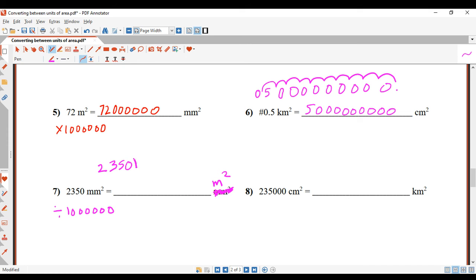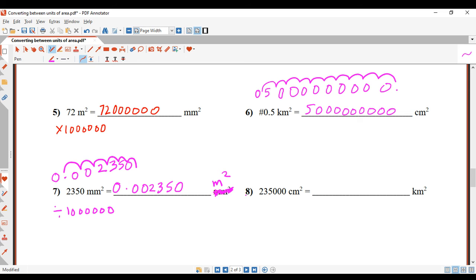So we're going to go 1, 2, 3, 4, 5, 6. Decimal point lands there. I put zeros in the spaces and a 0 before the decimal point. So 0.002350.